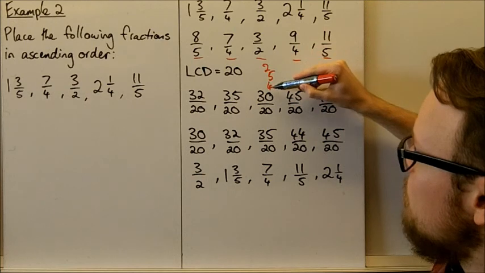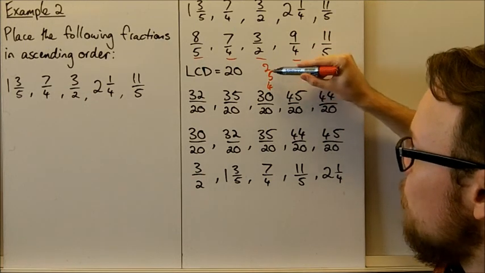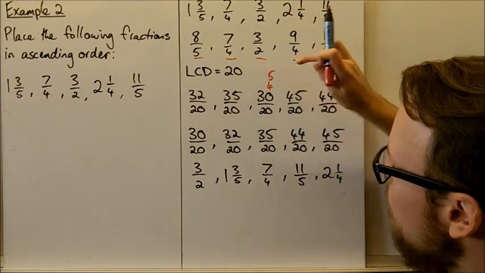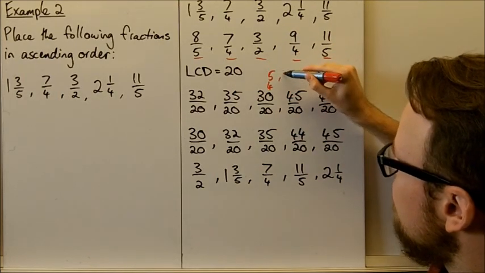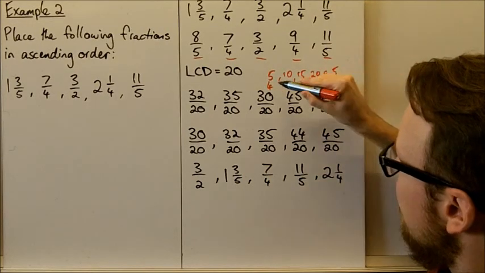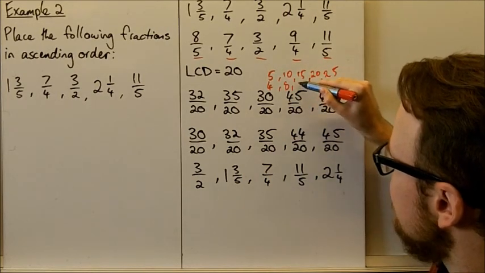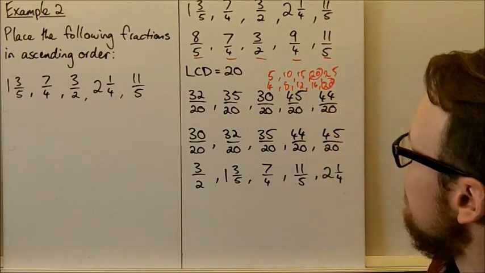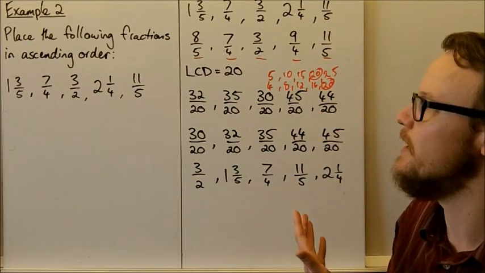So 2 and 4, because 4 is a multiple of 2, we just need to look at the lowest common multiple of 5 and 4. So it's 5, 10, 15, 20, 25. And for 4, it's 4, 8, 12, 16, 20, and that's our lowest number there. So our lowest common denominator is 20.